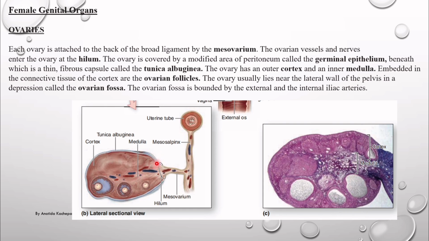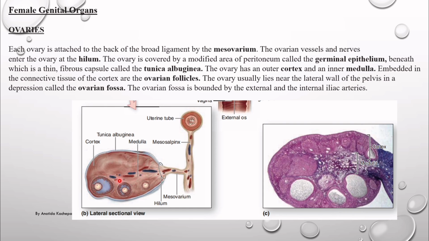Then inside the fibrous capsule we have a layer of germinal epithelium which forms the lining of the ovary, and the ovary is divided into a cortex and a medulla. In the cortex is where we find the developing oocytes, which will be enclosed by germinal epithelium and will now be called follicles.